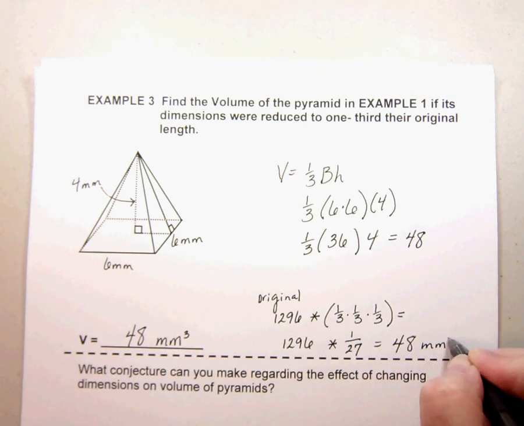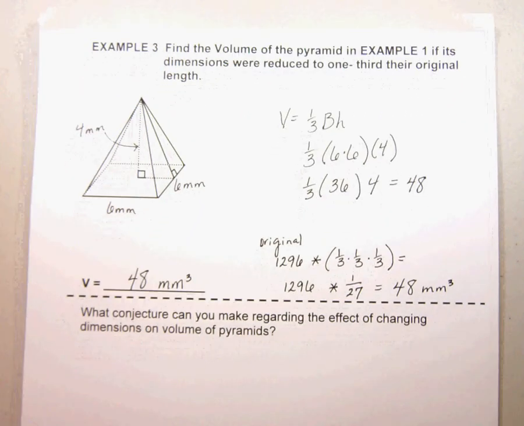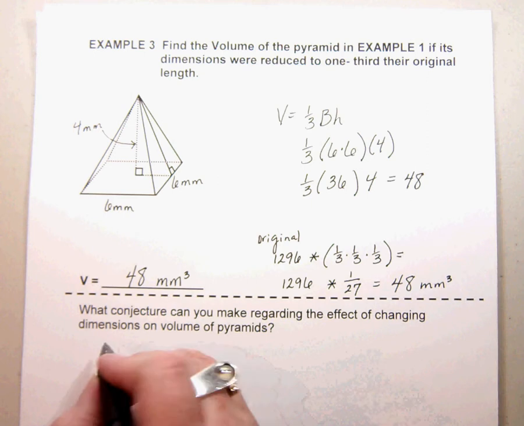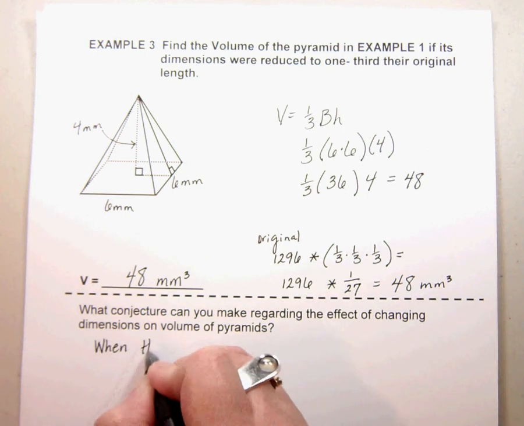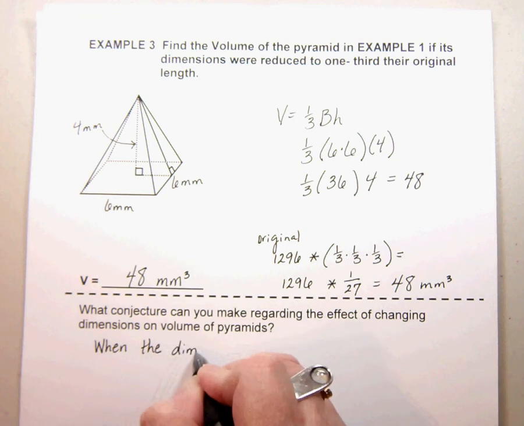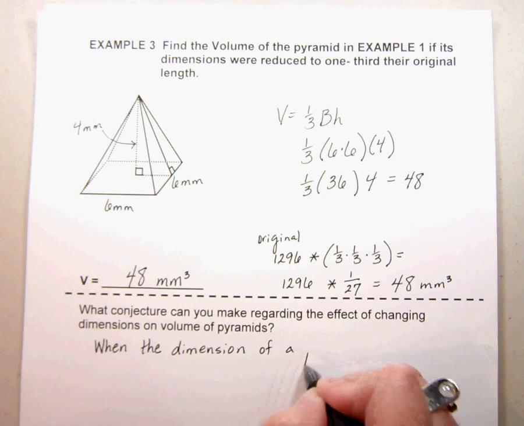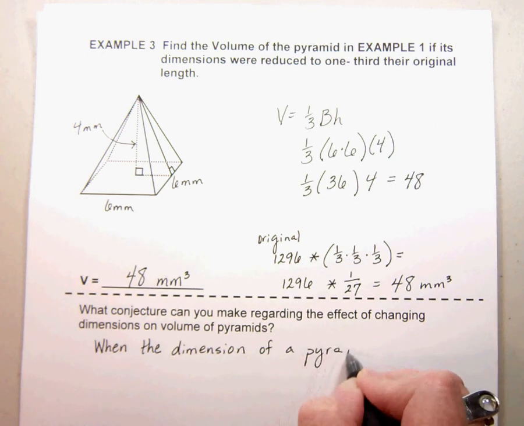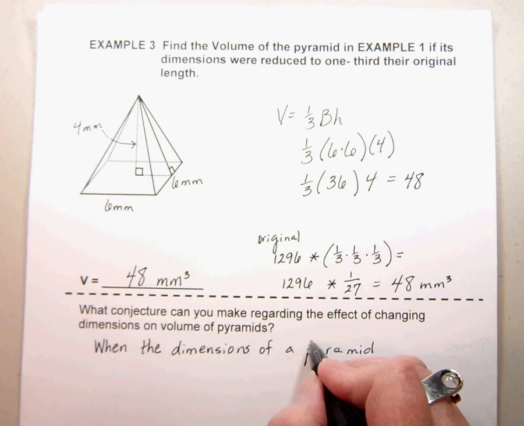So we can make a conjecture here that when the dimensions of a pyramid are changed proportionally, the volume is affected by cubing the factor. So let's write that down.